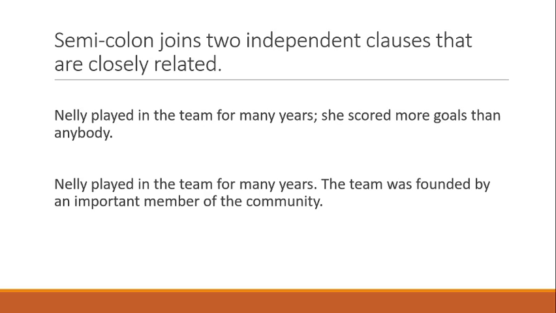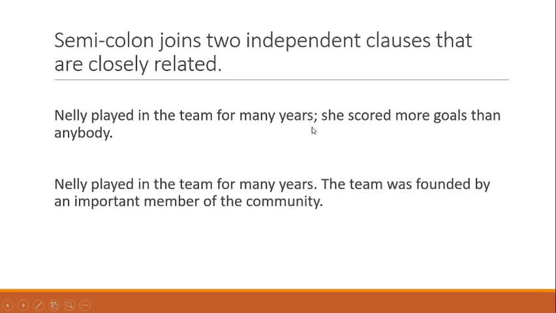So when we have a simple sentence, we have an independent clause. Sometimes we can join these clauses because they are related. There is information mentioned in the next clause that has to do with the first. In that case, we can use the semicolon to join those independent clauses.